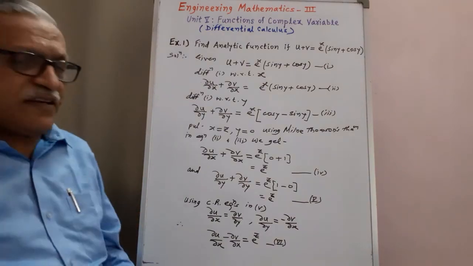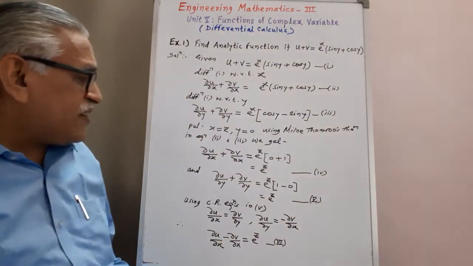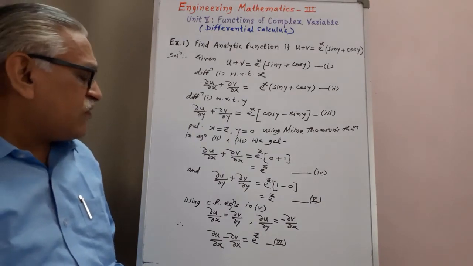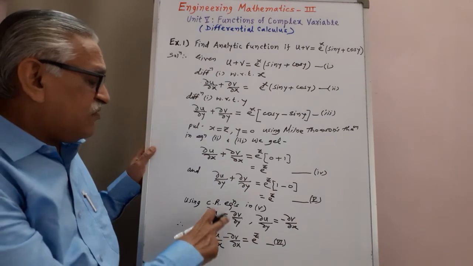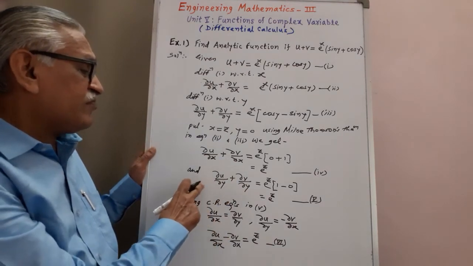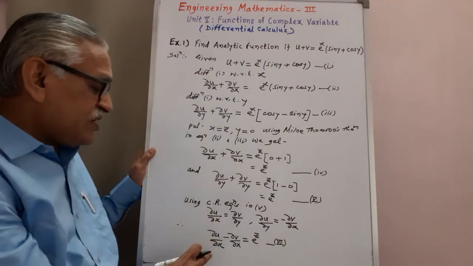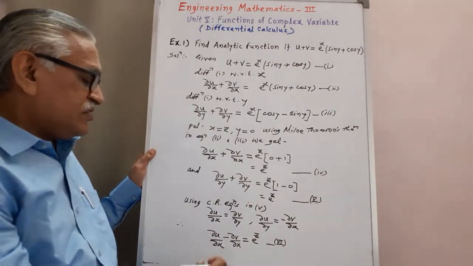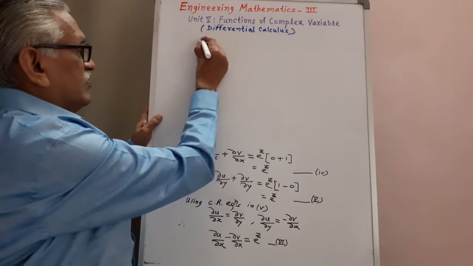Okay, and then to obtain the values of dou u by dou x and dou u by dou y, we take the addition of equations 4 and 6, and then a subtraction of 4 and 6.